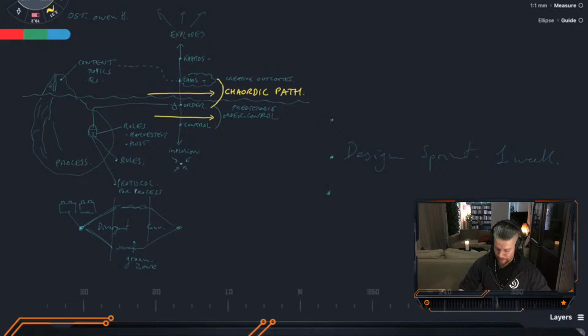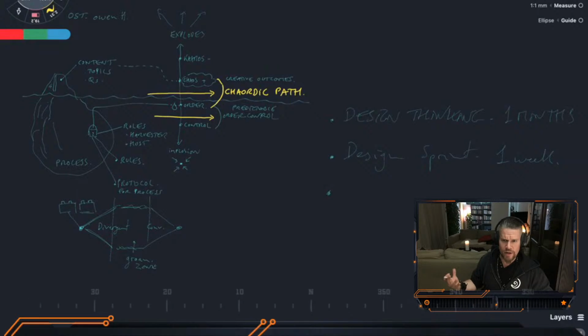You can also look at it from the point of view of a month. If you think of a couple of months, then a process you might have heard of is design thinking. I used to work with a company called IDEO, which worked with design thinking. Design thinking is expressed in so many ways, and I think everybody has a different definition of it, but one thing to note is that it also creates a structured set of roles, rules, and protocols over time.